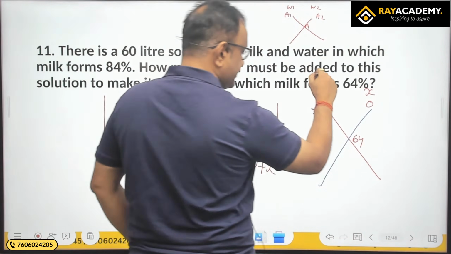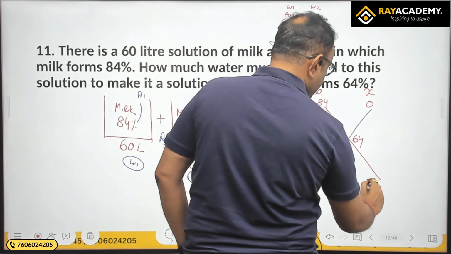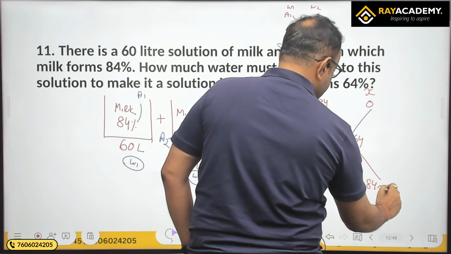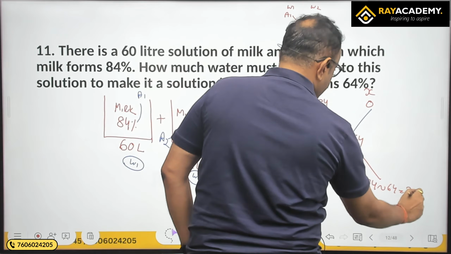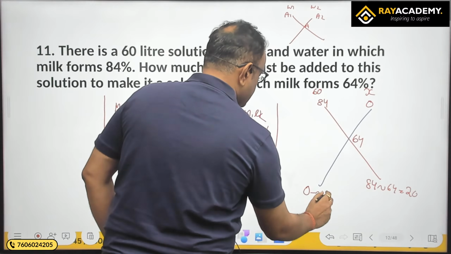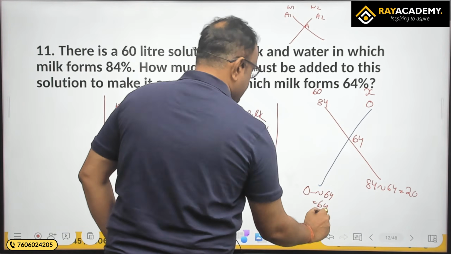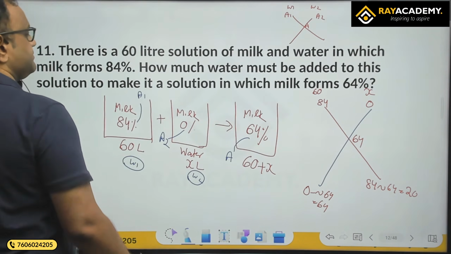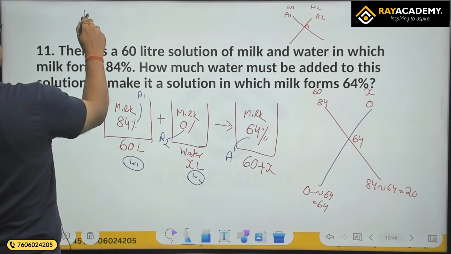Now, as per alligation, along this line, the difference of 84 and 64 is 20. Along this line, the difference of 0 and 64 is 64 only. Now what does alligation say?